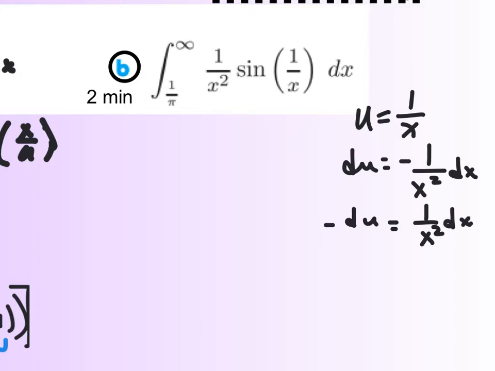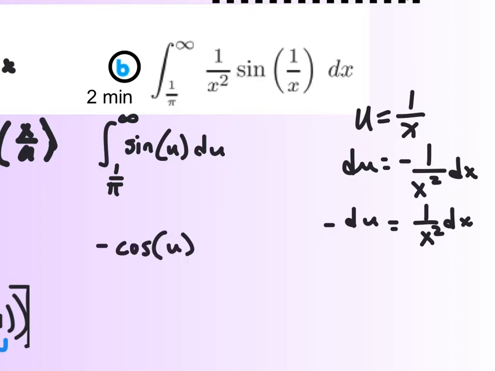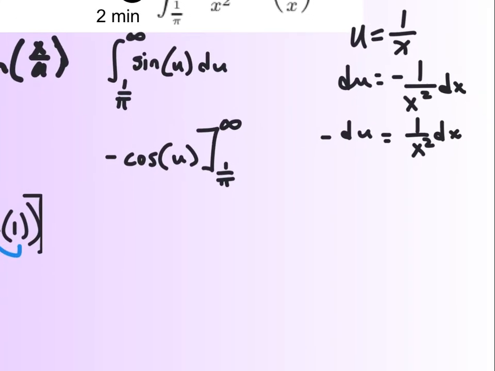Okay, so then that means I have the integral from 1 over pi to infinity of sine of u du. So if I integrate, I get negative cosine of u evaluated from 1 over pi to infinity. I want to sub back in and get rid of u.